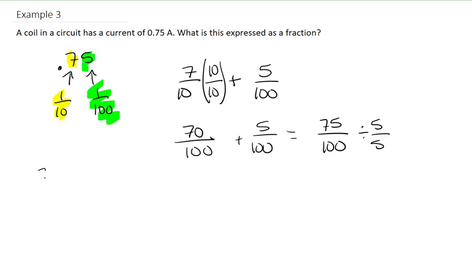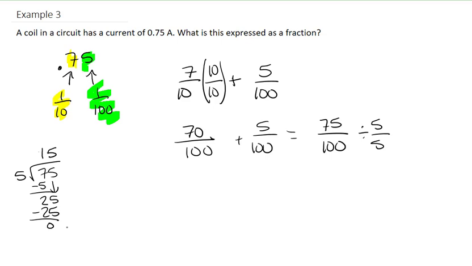So 75 divided by 5. 5 can go into 7 one time. Then 5 times 1 is 5. We go ahead and subtract, and we get 2. Now we're going to go ahead and bring down that 5. So 5 can go into 25 5 times. So we go ahead and subtract, because 5 times 5 is 25.